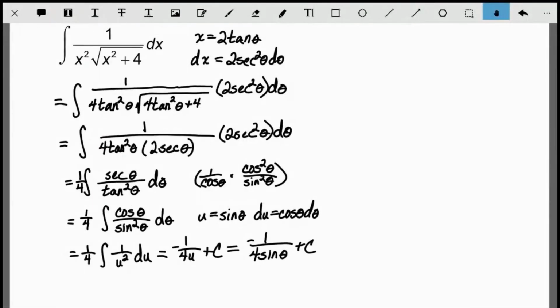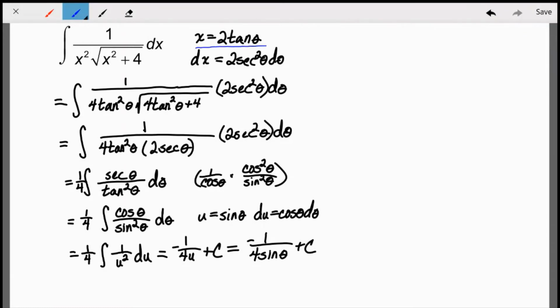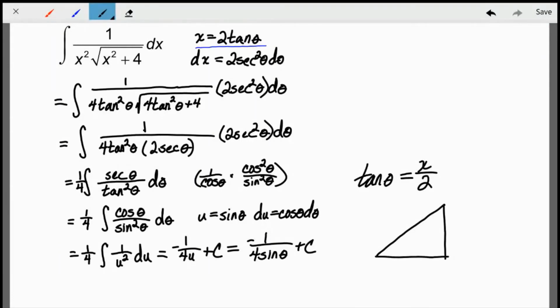The last thing I need to do is get this integral back in terms of x. Remember we had this original substitution: x is equal to 2 tangent theta. That means tangent theta would be equal to x over 2. So I'm going to draw a triangle like we did on the last problem. If this was theta, the opposite would be x, the adjacent would be 2.